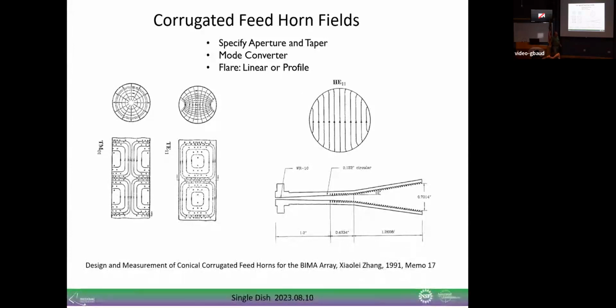That's one of the driving reasons that we have as many receivers as we do. The feeds are limited to about 2-to-1 bandwidth, to get the best mapping efficiency from the GBT.